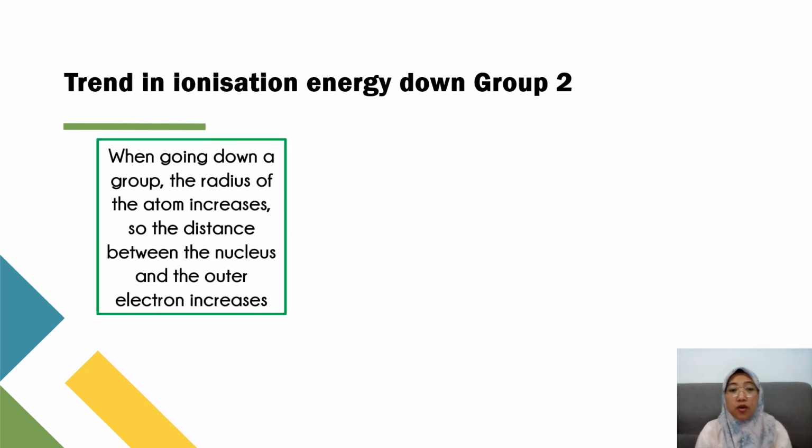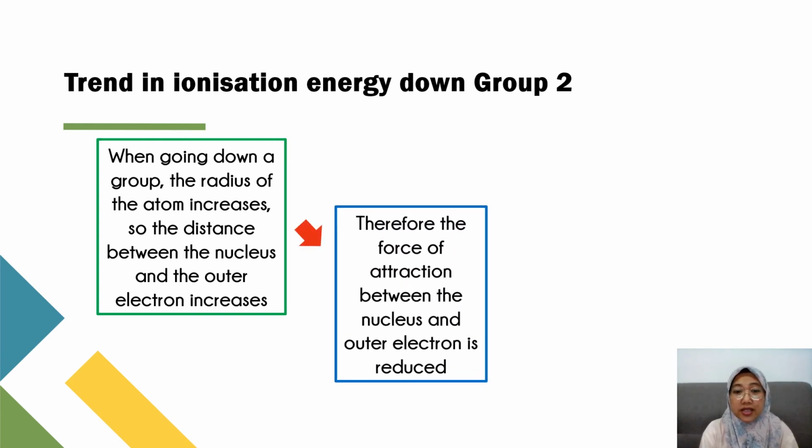Because when going down a group, the radius of the atom increases, so the distance between the nucleus and the outer electron increases. Okay, bila menuruni kumpulan, okay, dia punya number of shell pun bertambah, menyebabkan atomic radius pun bertambah lah. Okay, bila atomic radius bertambah, dia punya distance, jarak antara nucleus and electron valence semakin jauh.